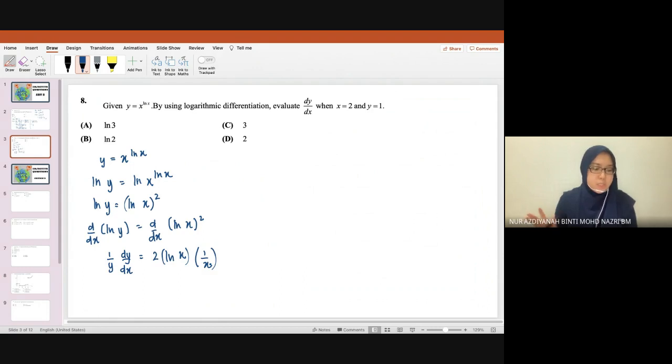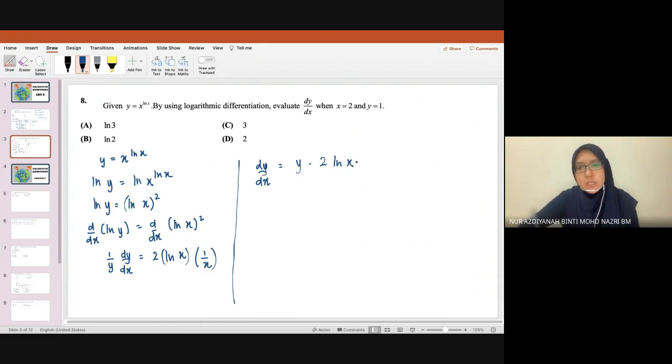Okay, so now kita nak dy dx. Okay, so everything on the right side ni darab je dengan y kan. So kalau Madam nak terus simplify kat sini, so dy dx, we have y darab dengan 2 ln x darab dengan 1 over x.